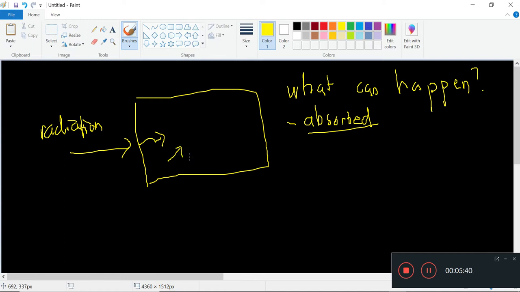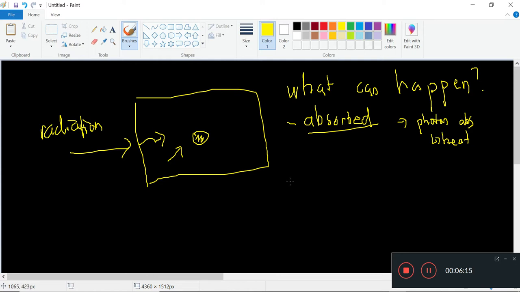Absorption means that when it goes through, the radiation is actually captured by the molecule or atom, and it becomes heat. So the radiation photon is absorbed and becomes heat. That's one of the things that can happen.